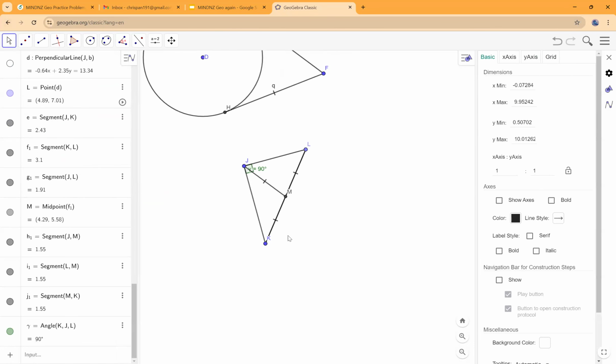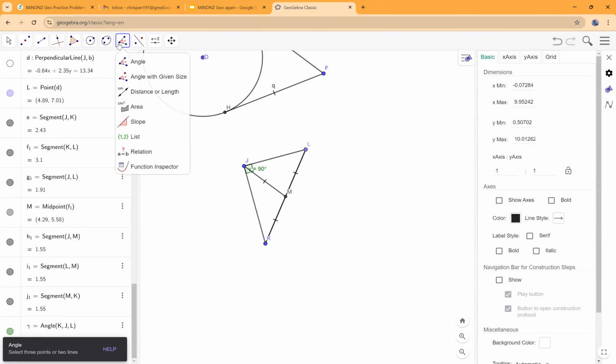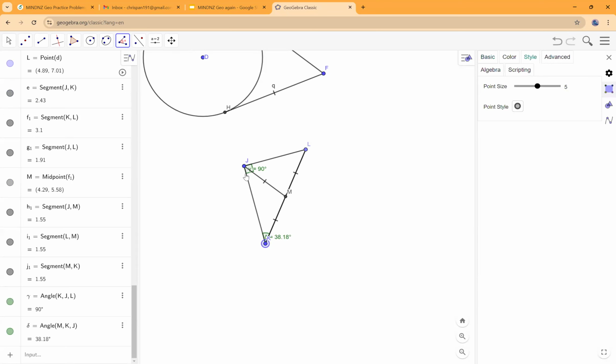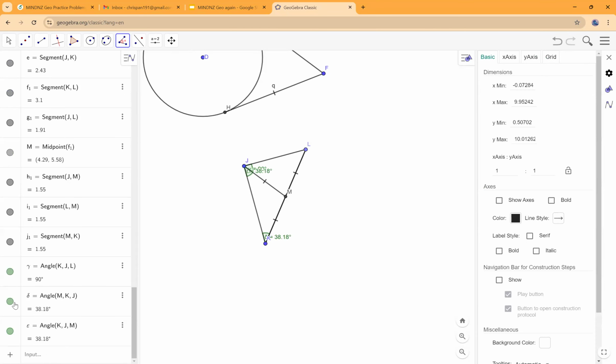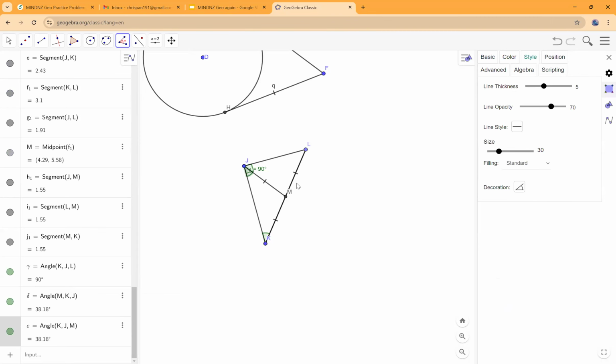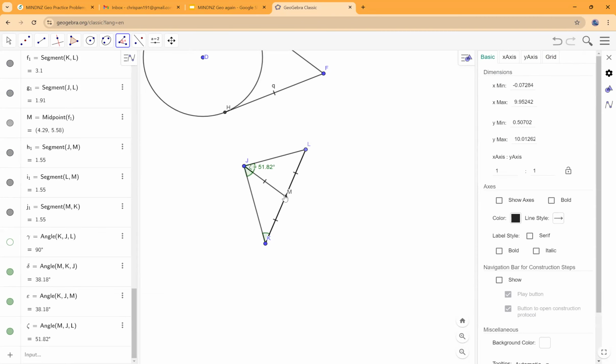The reason is because if you look at triangle MJK, it's an isosceles triangle. Therefore these two angles are equal. But if you look at triangle MJL, it's also an isosceles triangle. So these two angles are equal.